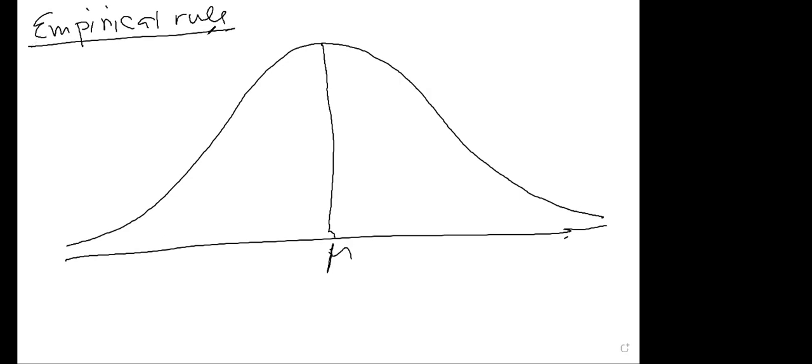The empirical rule is more accurate than Chebyshev, because Chebyshev gave us the minimum proportion of values that are within a certain distance from the mean.